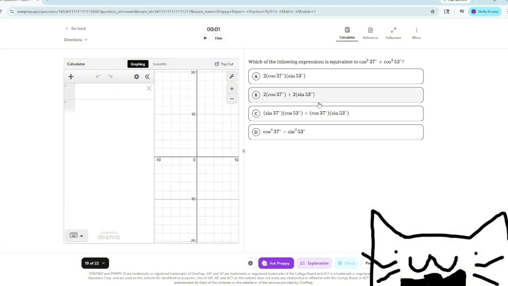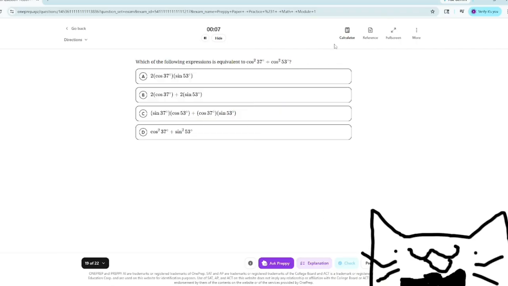We're almost done, guys. Cos squared 37 degrees plus cos squared 53. It can't be A. With math, this would multiply that, and then this multiply that, and I don't think it'd come out like this. I think it's this one. Well, that's what I think.